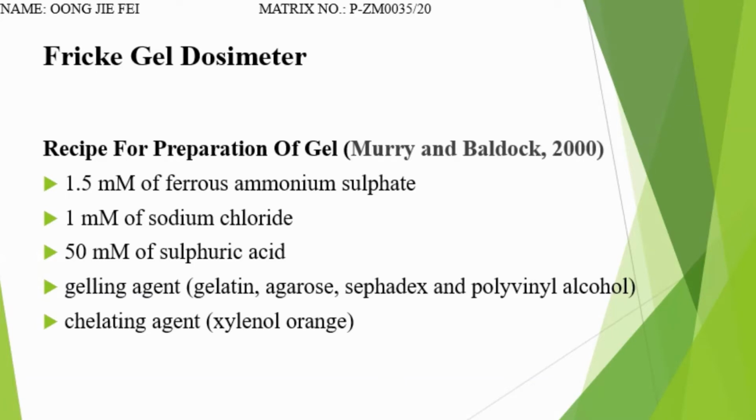This is the recipe for the preparation of the gel. They need 1.5 millimole of ferrous ammonium sulfate, 1 millimole of sodium chloride, 30 millimole of sulfuric acid, and gelling agents, chelating agents.